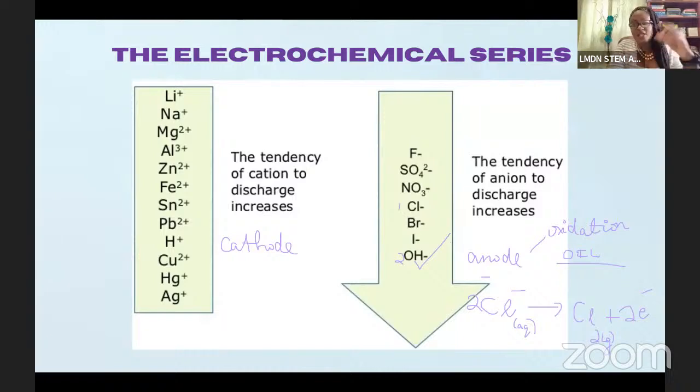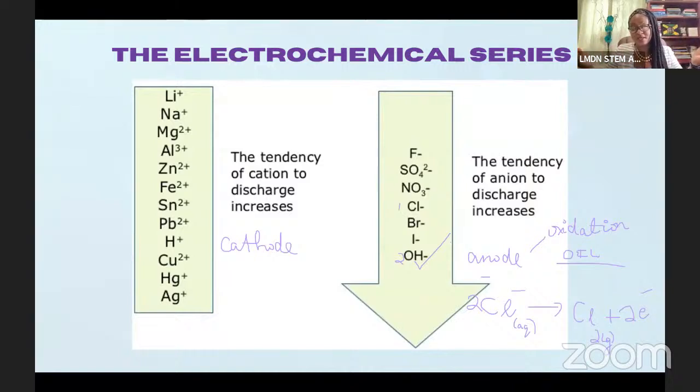That's why you have your Cl minus on the left here. Now if oxidation is loss, that chloride ion is going to lose those 2 electrons, and when it does, it ends up in its neutral state, which is Cl2 gas.